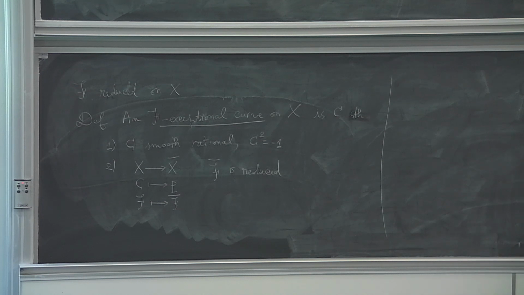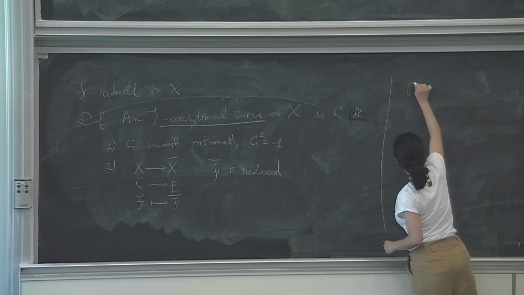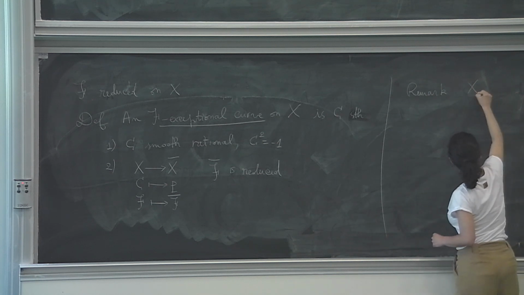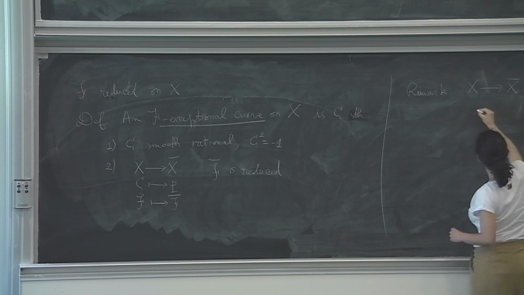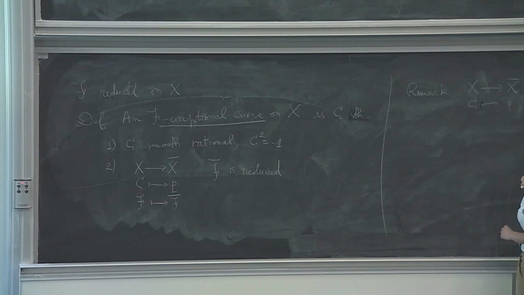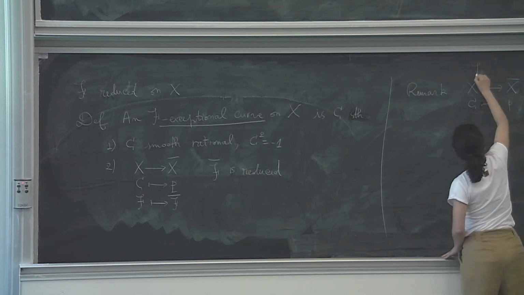Okay, so remark. Now we consider a blow up or a blow down, contracting C to a point. And we have also F and F bar.